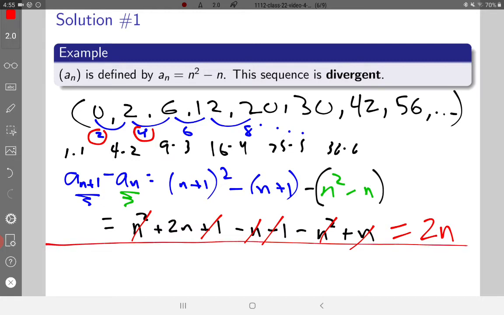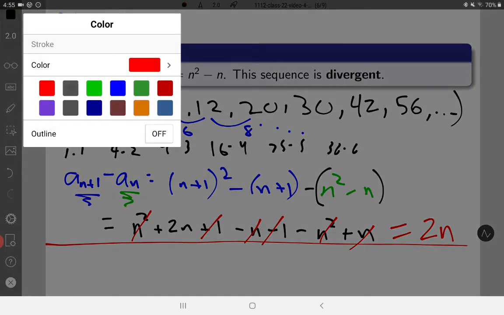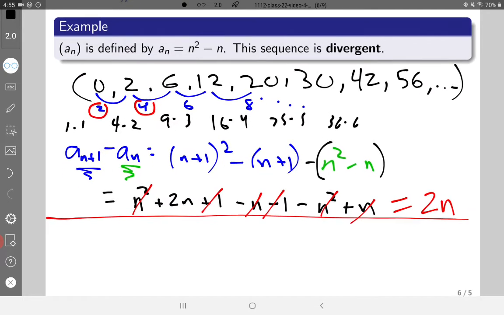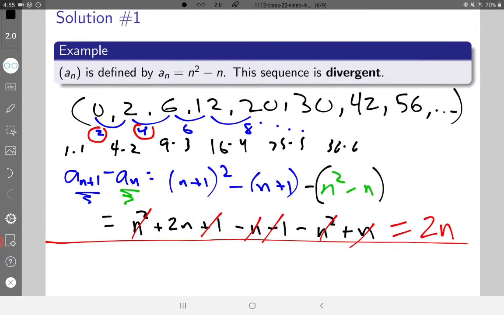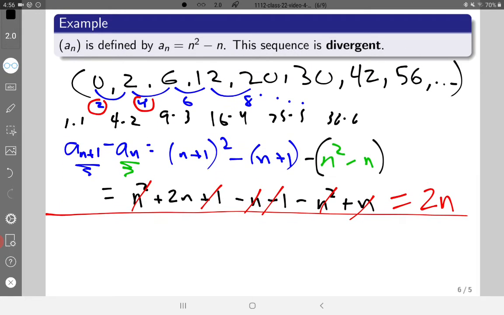So what I'm showing you here is, if you notice patterns like that, try to see why they're happening. Force yourself to write out some algebra to confirm that the pattern you're noticing is really there. But another thing you might notice is that these terms are increasing. The sequence is increasing.